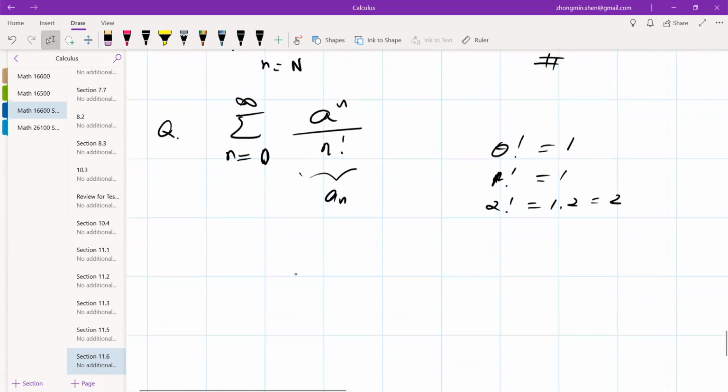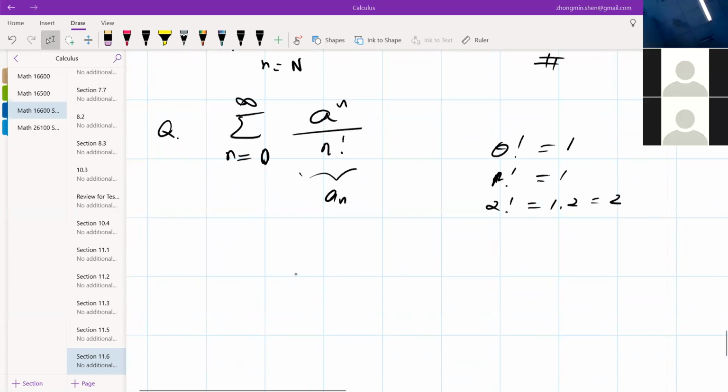What is the best way to prove it's convergent? Can you use a comparison test? It's possible, but you don't know how large a is, so it's a little bit complicated, but you can do that for sufficiently large n. You definitely have to consider absolute value, because otherwise it's harder to compare.